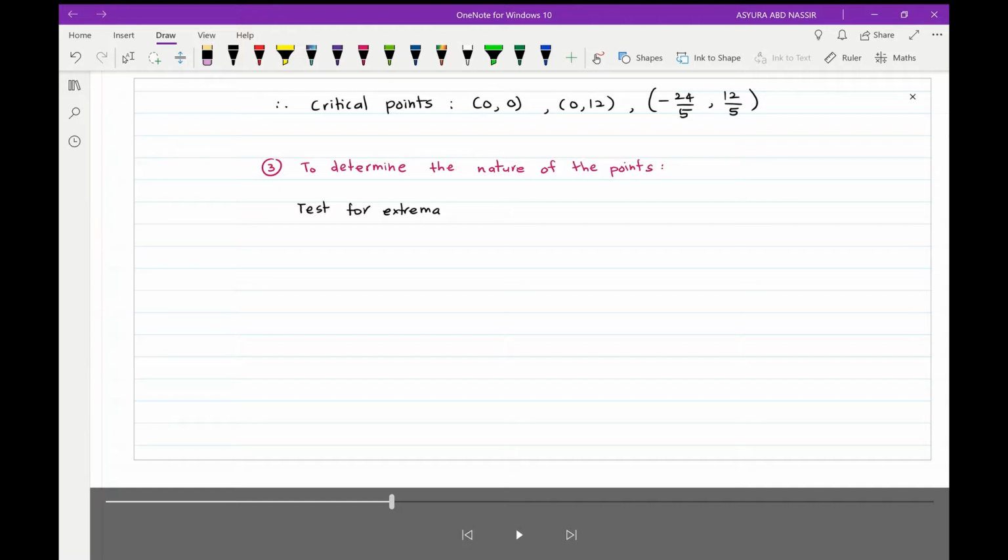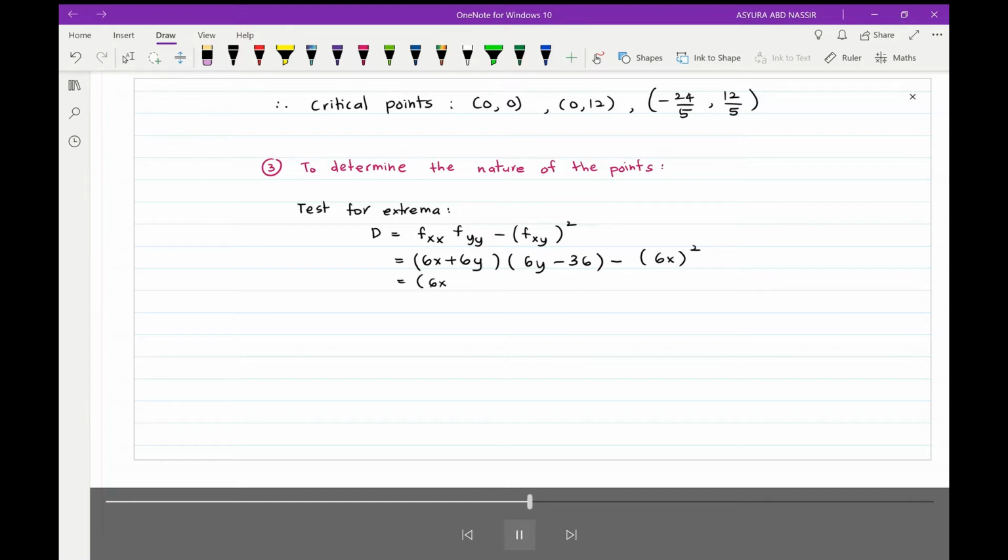Okay, next we will determine the nature of the points by using the test for extrema. So D is fxx times fyy minus fxy squared. Substitute the formula and simplify, you will get (6x plus 6y) times 6y minus 36x squared.